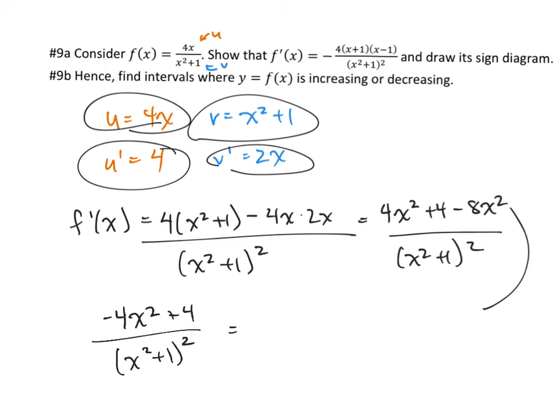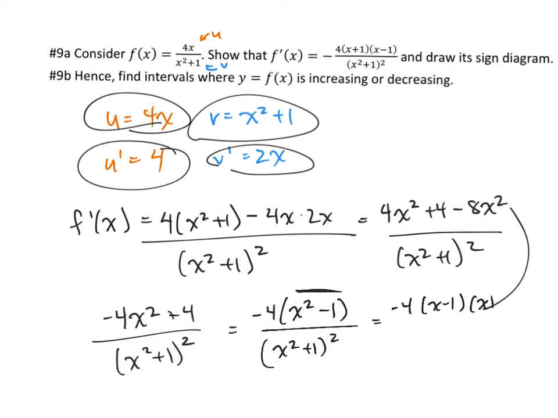Then if we factor out a negative 4, which again, you can get the hint from the negative and the 4 up here, what we'd have is x squared minus 1 all over x squared plus 1 squared, which factors to negative 4 times x minus 1, x plus 1 all over x squared plus 1 squared. Checked. So that's the first thing.